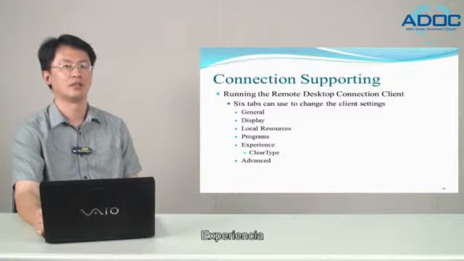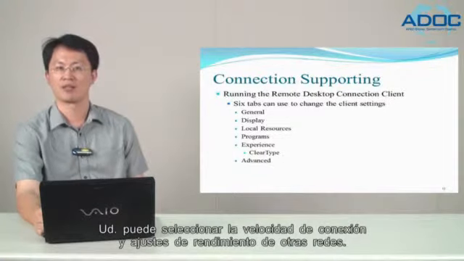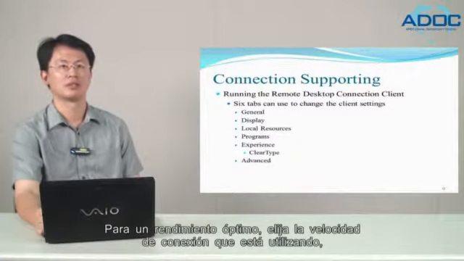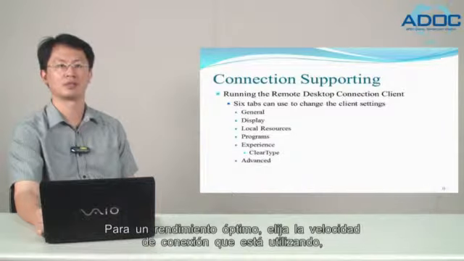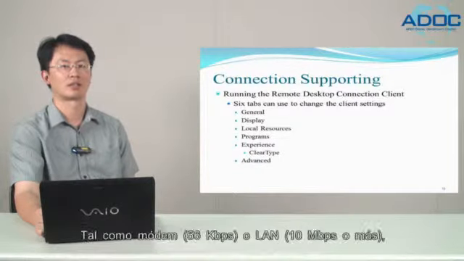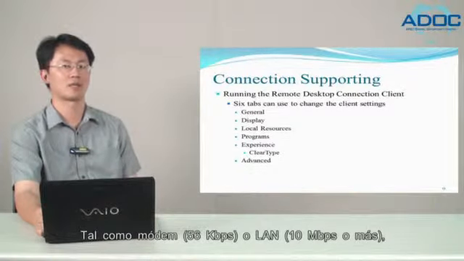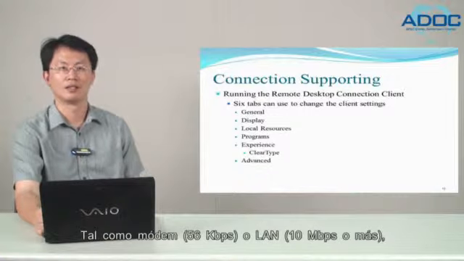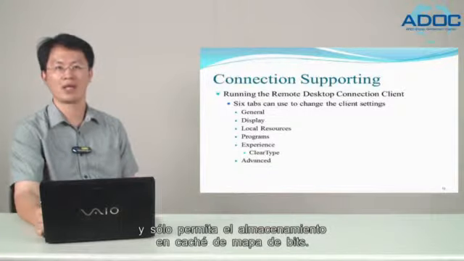Experience. And you can select the connection speed and other network performance settings. For optimal performance, choose the connection speed you are using, such as more than 56 kbit per second or LAN 10 megabits per second or higher, and allow only bitmap caching.